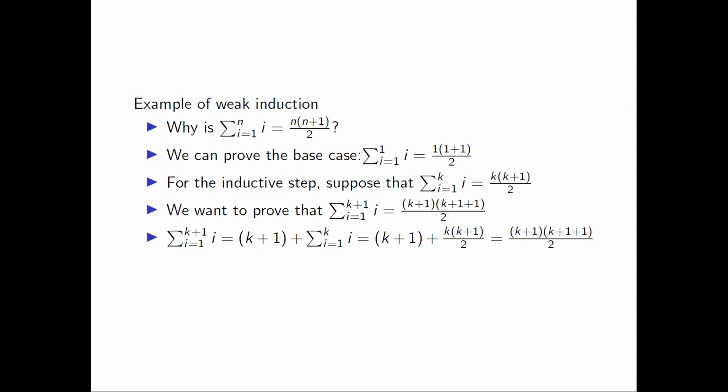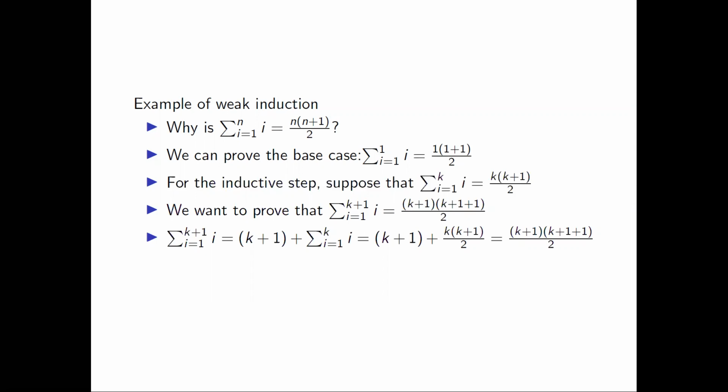So in order to prove that, we can start with the sum on the left. We can start with the sum from i equals 1 to k plus 1 of i. We can write the sum taking the k plus 1 out as k plus 1 plus the sum from i equals 1 to k of i. And we can use our inductive hypothesis here to substitute for the sum.